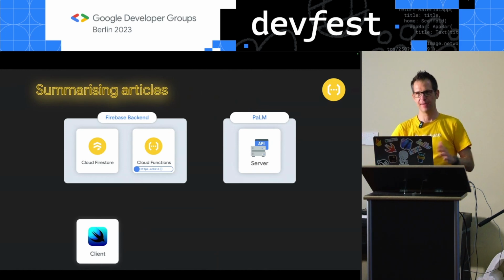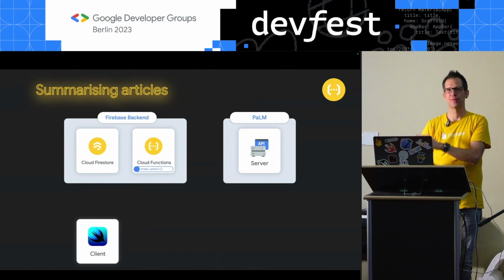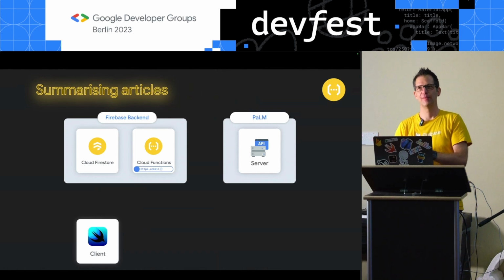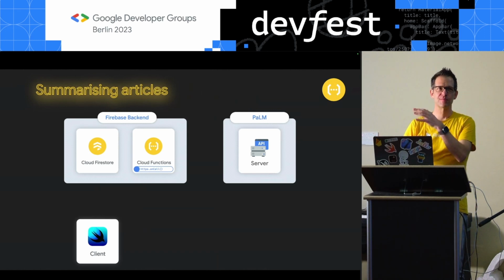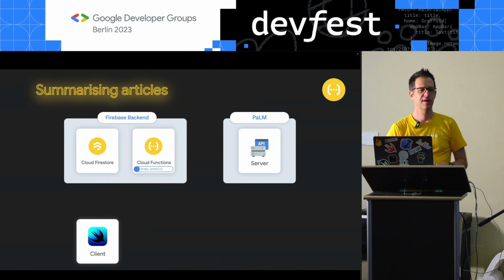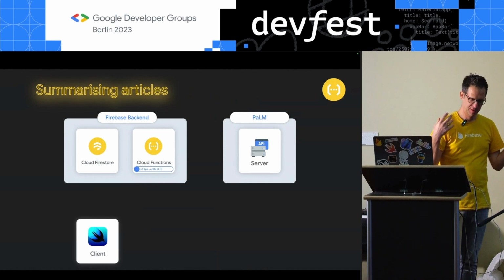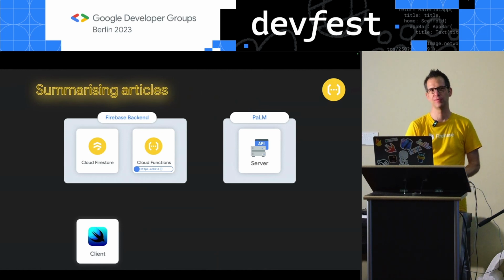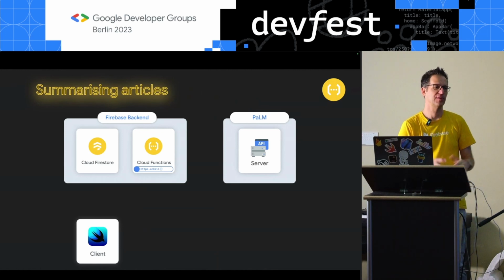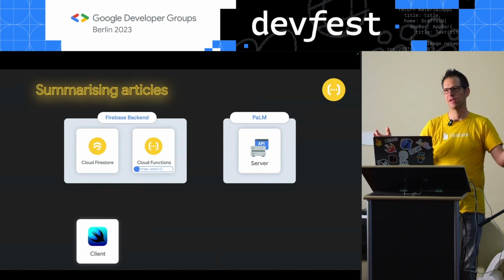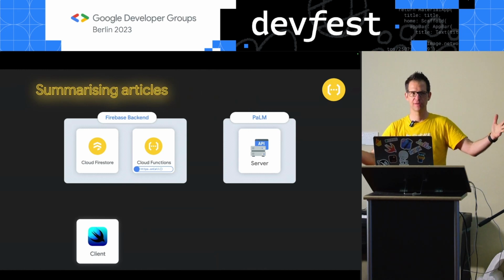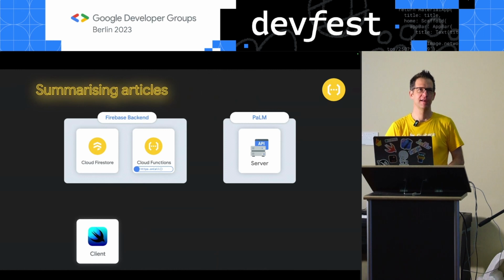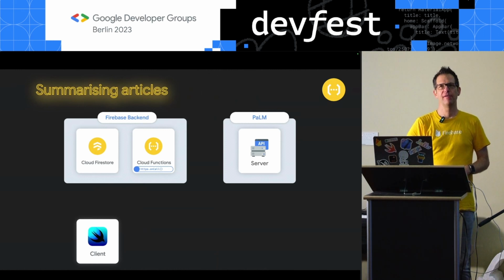Why didn't I store it back into the database in the first place? Or why didn't I produce the summary when I stored it into the database? You could totally do that. The reason why I didn't do it is those LLMs are expensive. So making a lot of calls will create quite some bill for you, and you might not want to do that for all of your users. So let's assume that you ship your application to the world, and a lot of people are trying it out, but not everybody is convinced.